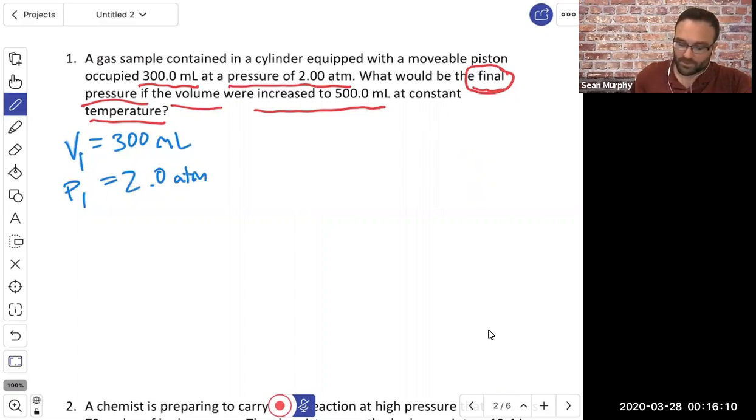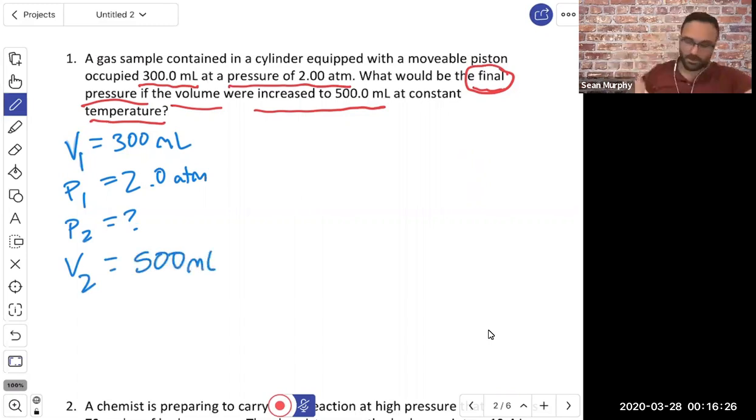We don't know, so we're going to put a question mark, but we do know that our V2, our ending volume, was 500 milliliters. So think about it for a second. Oh, and temperature, T1 and T2. Let's just put the number 1 just because it stayed constant. It doesn't matter. You could just leave it blank if you wanted to.